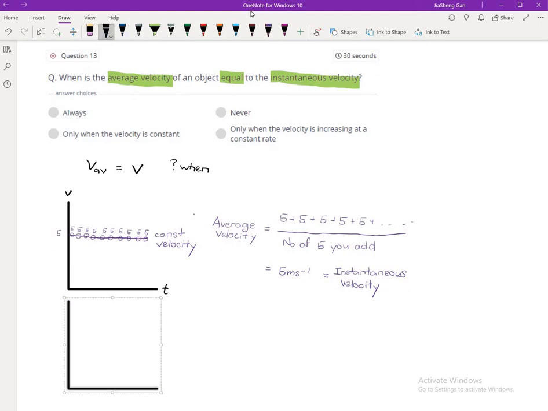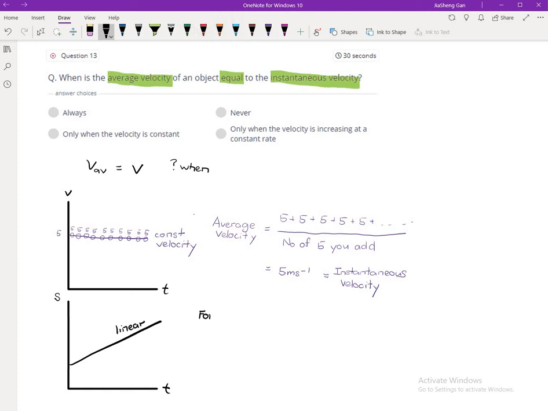If it's a position time graph, a constant velocity will produce a displacement graph that looks like this. It will be a linear line. Okay, a linear line. So this is what the displacement time graph looks like. So if we ask about instantaneous velocity, remember velocity is gradient.